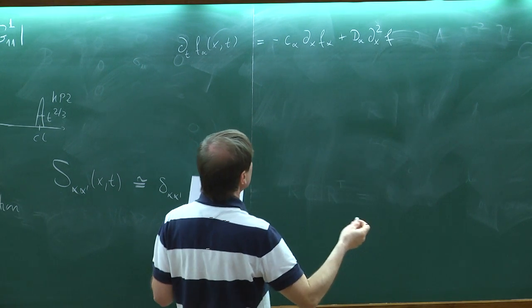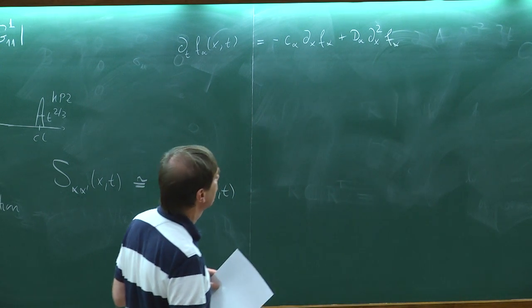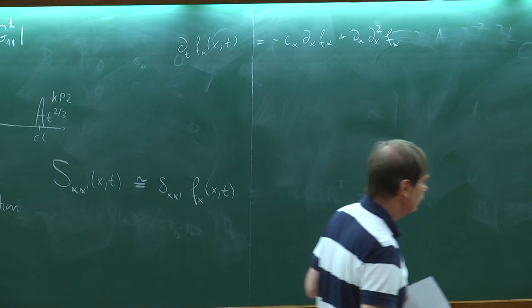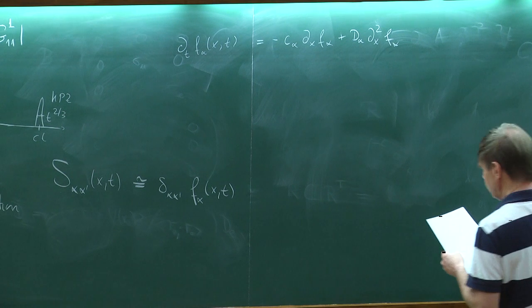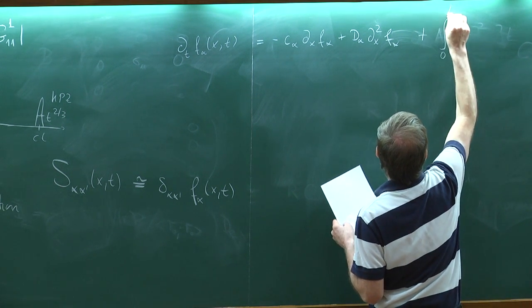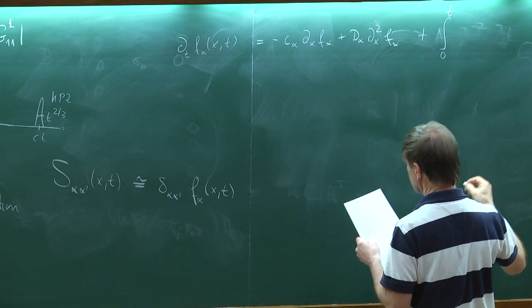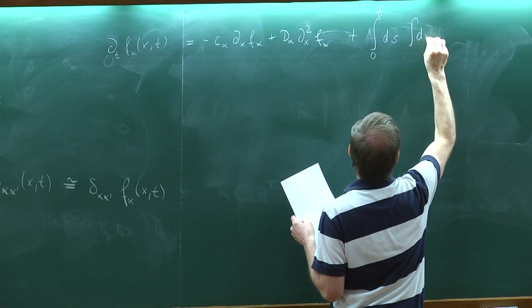So this is the free part, which of course you have all the time, right? Now there will be a more complicated term, which comes from the interactions. There's an integral from 0 up, so it's a memory type term. There's an integral over ds, and then there's an integral over dy.